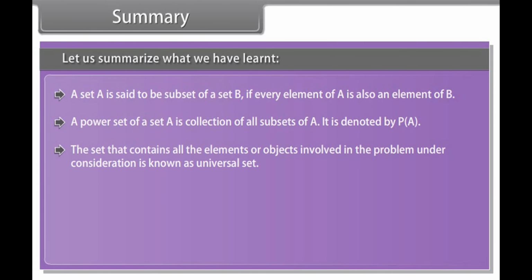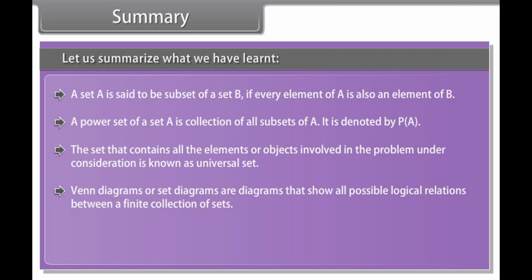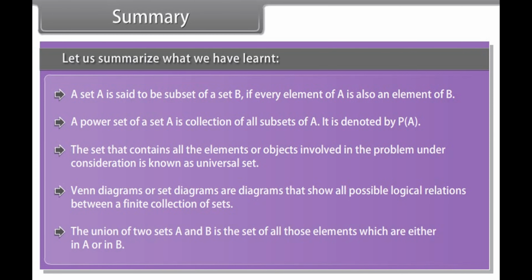The set that contains all the elements or objects involved in the problem under consideration is known as the universal set. Venn diagrams or set diagrams are diagrams that show all possible logical relations between a finite collection of sets. The union of two sets, A and B, is the set of all those elements which are either in A or in B.